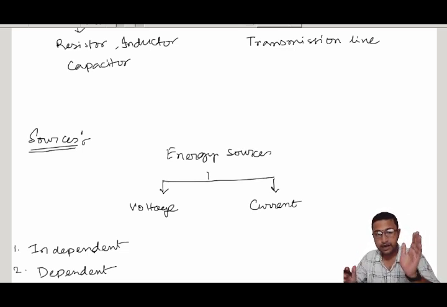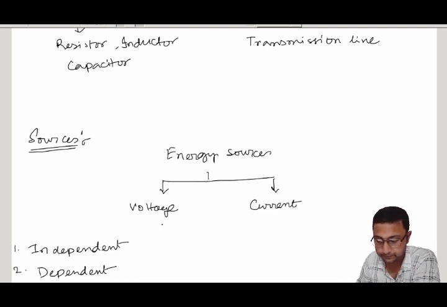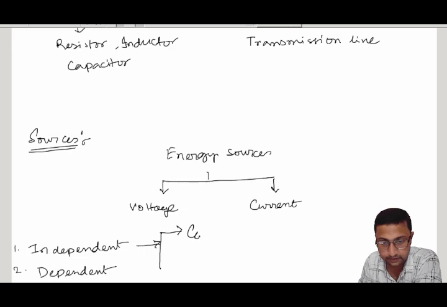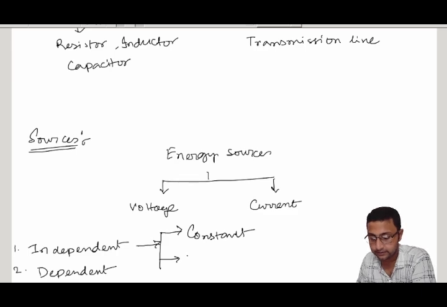Under this category, the first one under independent source is constant voltage source or current source. The second category is time varying.